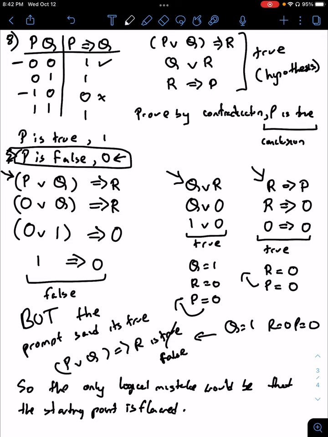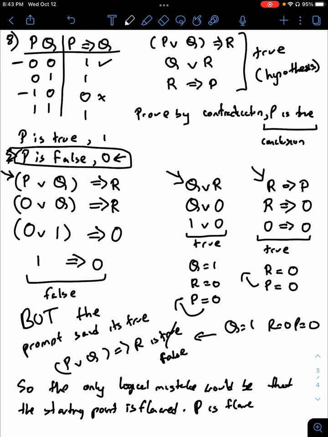If we said it's 1 or 1 implies 0, wait. Yeah, if it was here, then R would have a different value, Q would have a different value because everything was here. The first step we got was to determine the value of R, which is dependent on P. So if P changed, then all of this would change, and this thing would be true. Since we messed up P, that means P was the mistake.